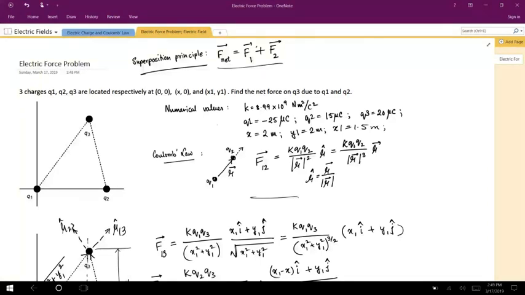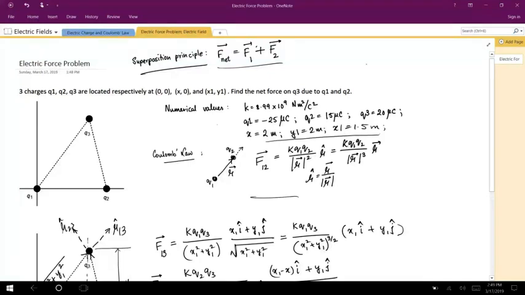For instance, we know that k is given in newton meter squared over coulomb squared, but Q1, Q2, and Q3 are given in terms of microcoulombs. So it's a good idea to convert the charges into coulombs first. K is given in newton meter squared over coulomb squared, and x, y, x1 and y1 are given in meters, so we don't have to do any conversions there. But for Q1, Q2, and Q3, we definitely have to do a conversion.